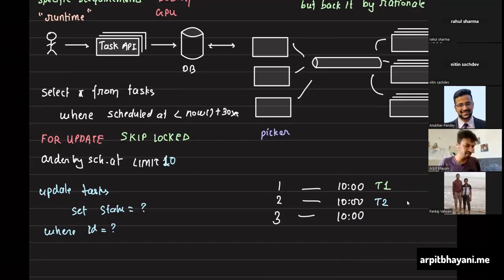The SLA is the time at which the task was scheduled to be executed. Let's say it's 10:01. That's when the task was scheduled to be executed. How do we know that by the time the task starts executing, it is within 30 seconds of that time? How do you know that? Rahul, what kind of things would you build to ensure that you are maintaining that SLA?